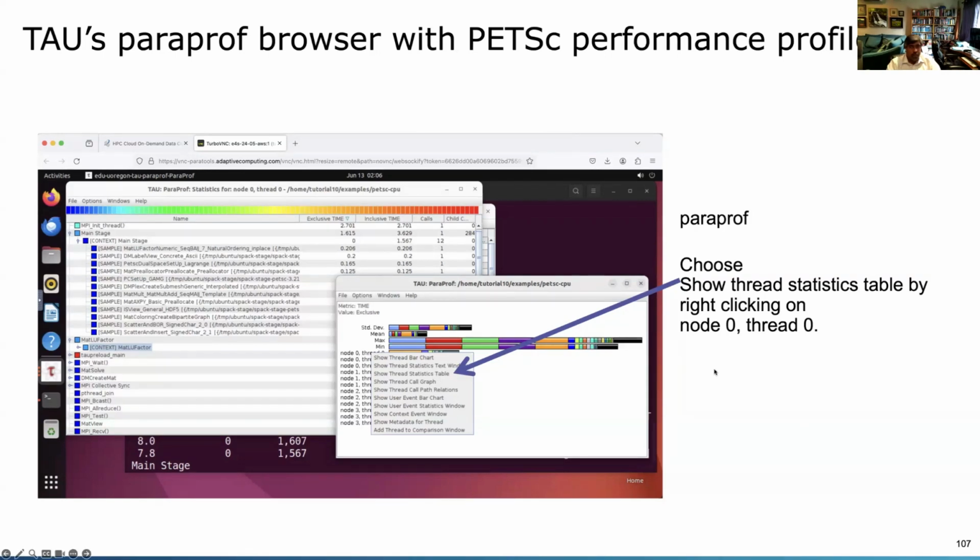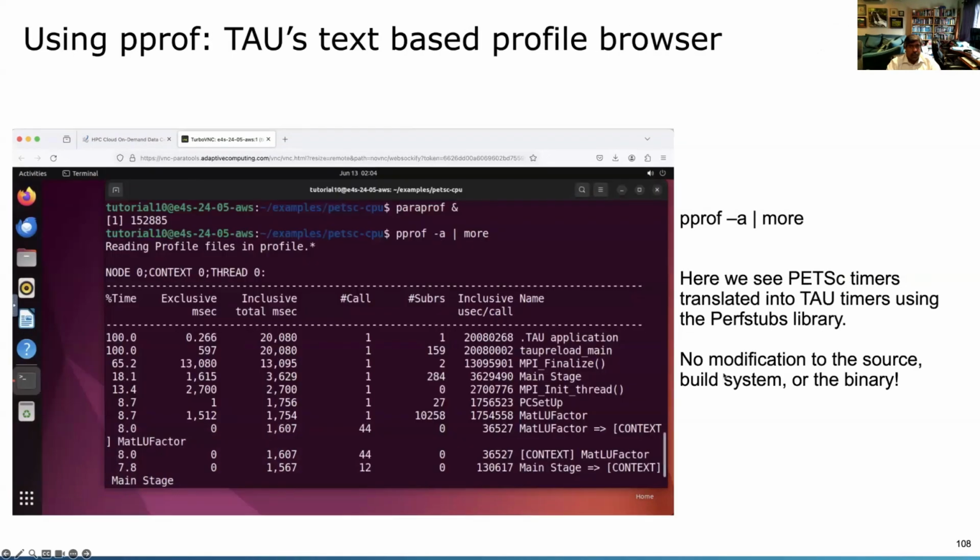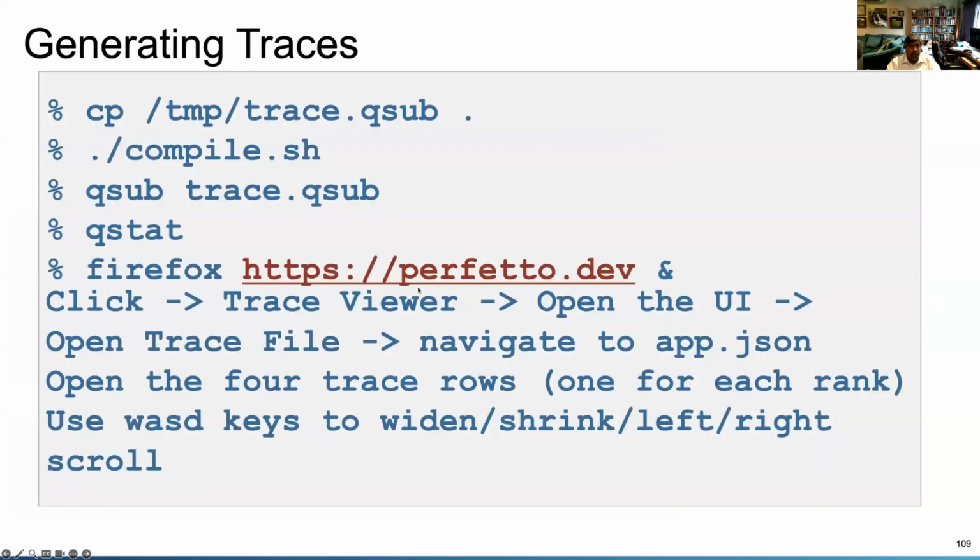Are you able to launch paraprof with this? Because next we will copy this trace.qsub and then run this and launch the trace visualizer. So Mary, does this work for you with the qsub?